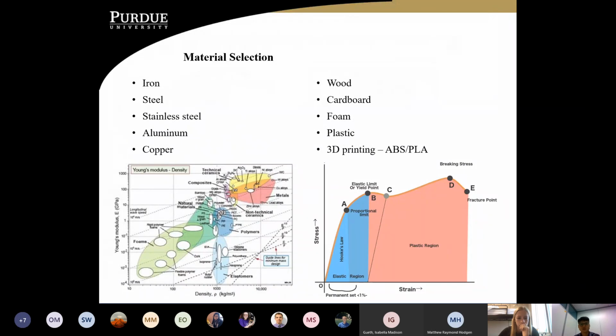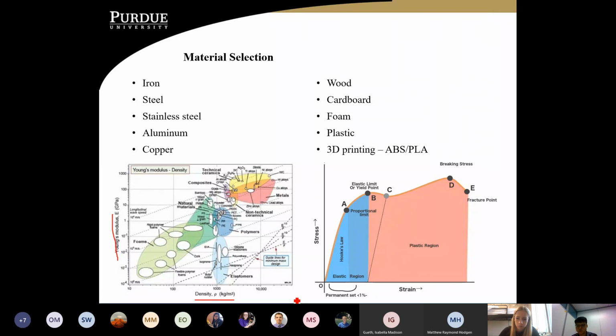Material selection: we have plenty of these resources in our EPICS inventory that you can use. The few things I want to point out are on the y-axis, the Young's modulus, and the density. This graph really helps you in design because there's always a trade-off. Suppose you're designing something for an infant.